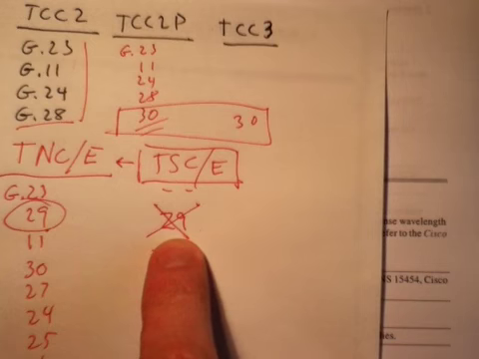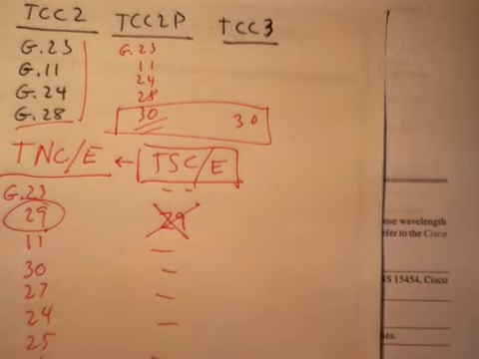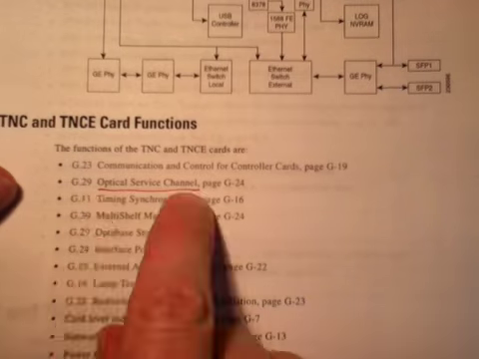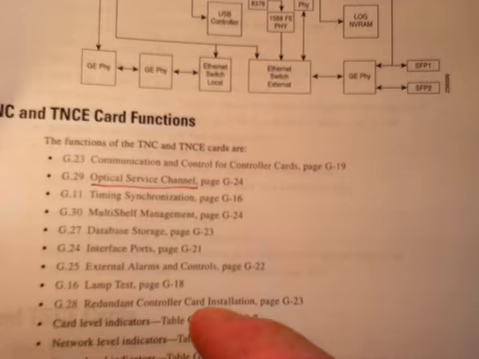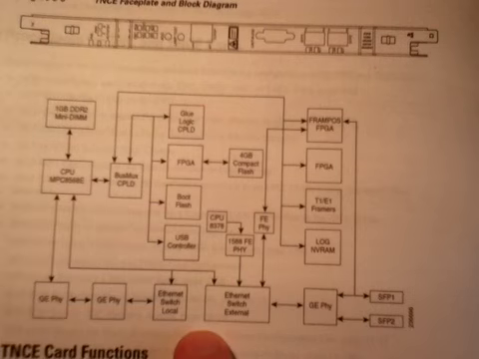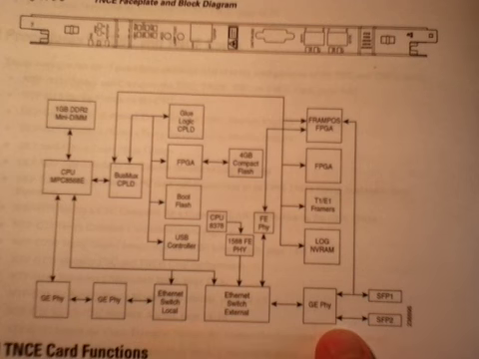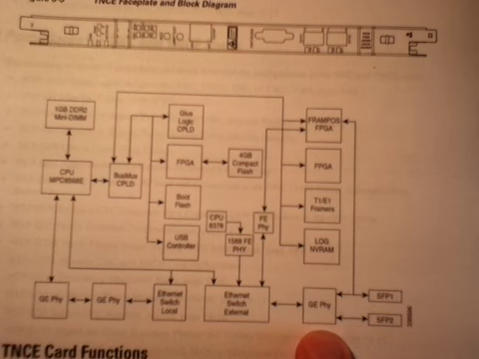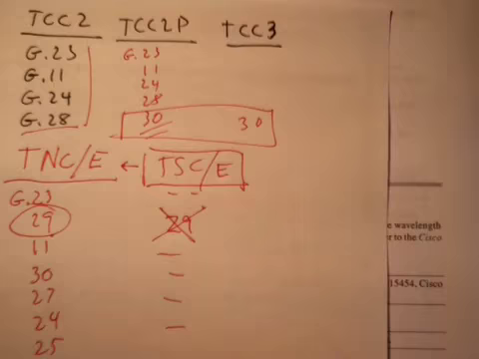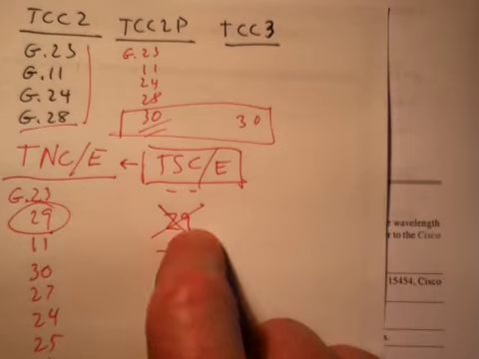And the TNC, well, if we look back on that, we can recall that G.29 is the optical service channel. So if we look at the block diagram for the TNC cards, I'm not sure I see the optical service channel functionality here, but it does work with the optical service channel in any case, whereas the TSC controllers don't.